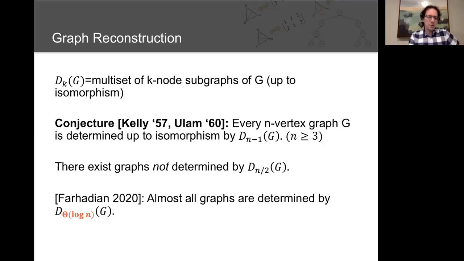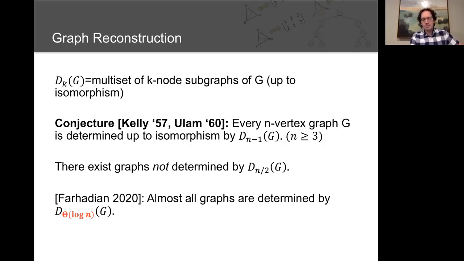This is the question of, if I give you all of the k-node subgraphs of G, where I don't tell you where they are in the graph, but I just tell you how many there are. So the analog would be how many triangles are there and how many paths of length 3 are there. And I do this up to some k. So this is D_k of G. D is for deck, which is just the technical name for this set of graphs. You think of them as cards being drawn from a deck. And the question is, if I give you D_k of G, what can you learn about G?